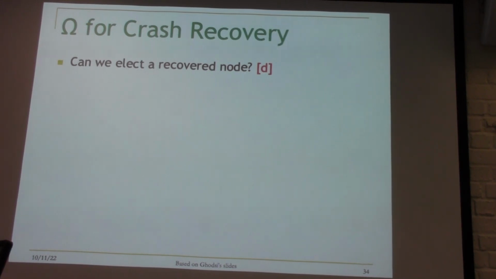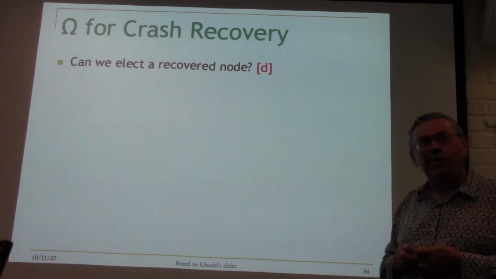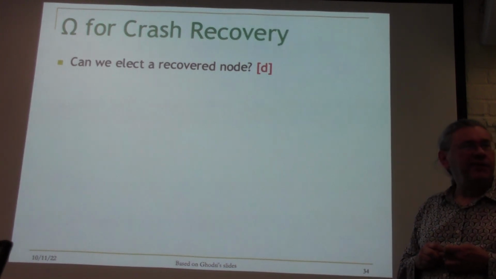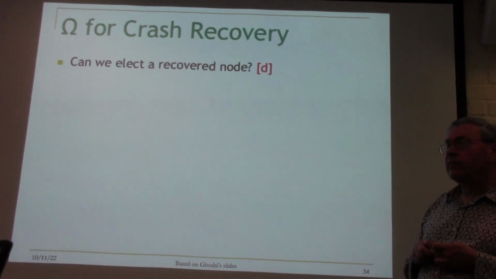But it can't do that forever. What did we say? Remember, there's something about crash recovery. It can't just crash and reboot forever. Why not? Why is that really not a good idea? Because it could crash and reboot once, twice, 3 times, but not forever. There's something not good about that.